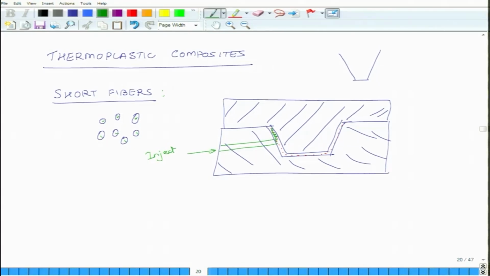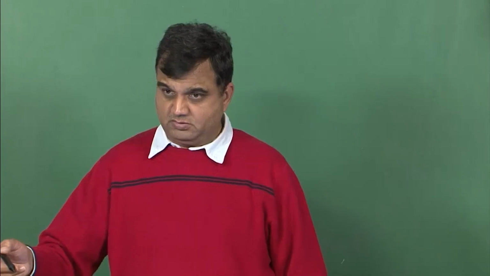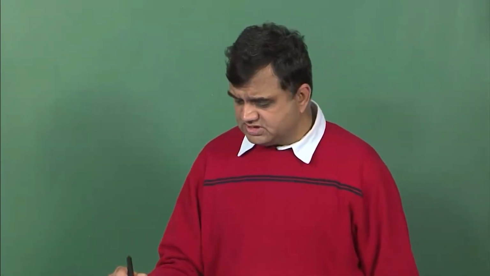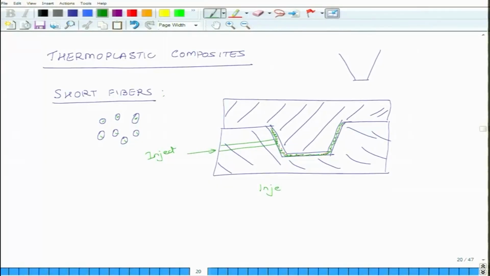So, all that material flows in and occupies the cavity, and then you let it cool, and then you remove the two parts, top and bottom part of the die, and you get a material out. And the reason this can happen is because we are talking about thermoplastics. We cannot have injection molding in thermoset systems. So, this process is known as injection molding.